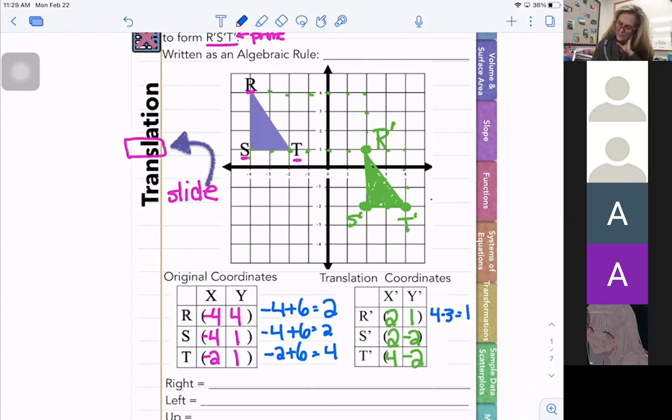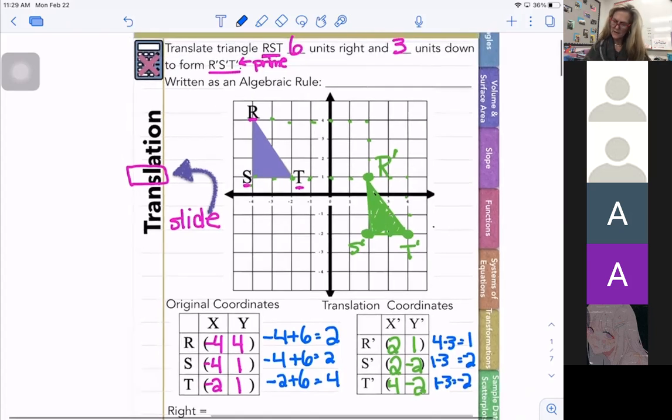And then I went from 1 to minus 2. What happened there? Minus 3 again. And then again, I did 1 minus 3 and ended up at minus 2.